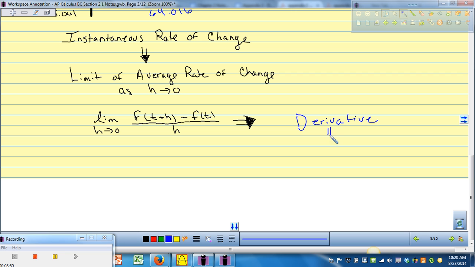Other names for derivatives would be instantaneous rate of change, and we also said it was the slope of the tangent line.